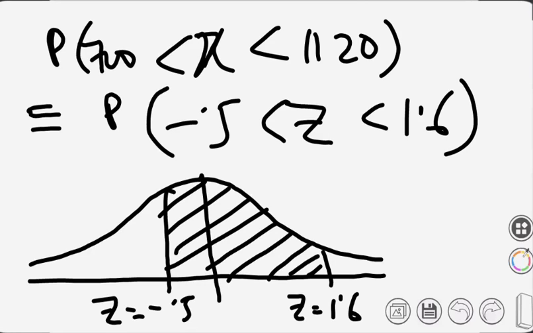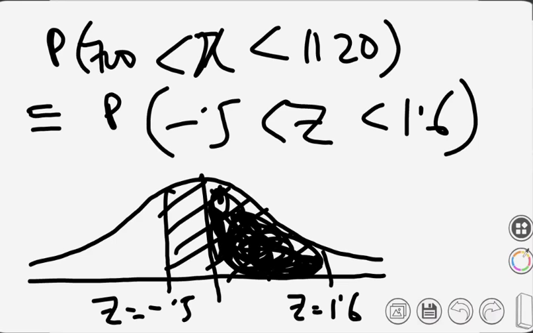From the table itself I can find this particular part. Who can tell me what this area is from the given table? Area can never be 1.6; probability can never be 1.6.